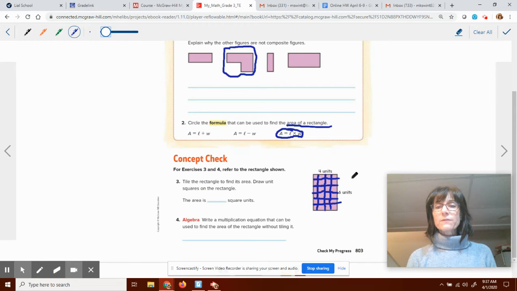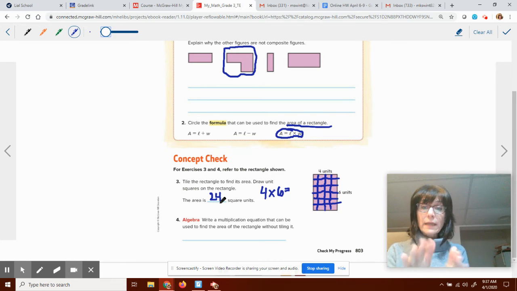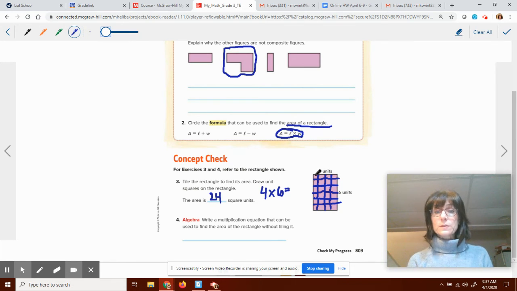Well, I've got 4 times 6, and I know my multiplication so well that I know 4 times 6 is 24. To check yourself if you're not totally sure, you could count all of your tiles, all of your units here.